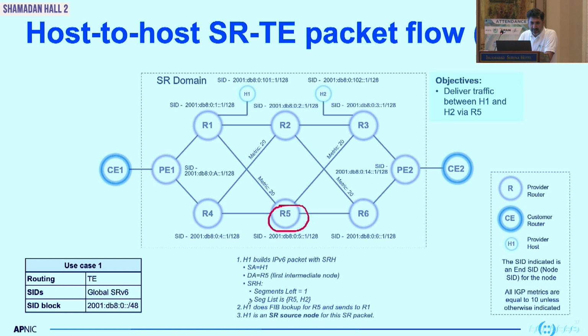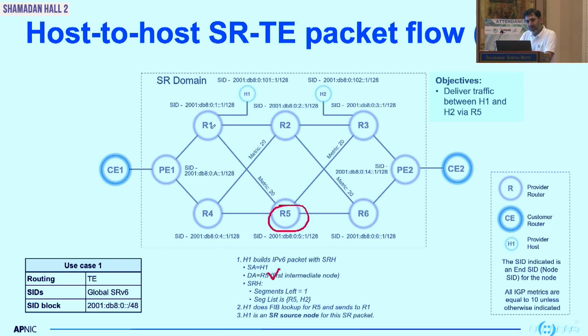So segments left is equal to n minus 1, where n is 2, so it is 1. H1 will make this segment routing header packet, then look at the destination address, which is R5, and send the packet to the next hop towards R5, which is R1.